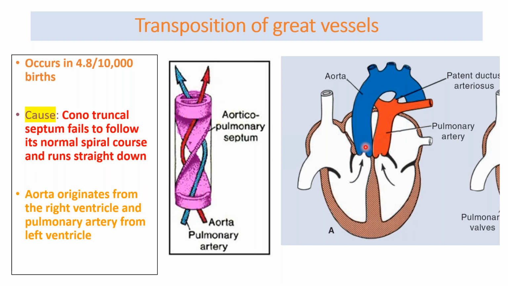The aorta will arise from the right ventricle, and the pulmonary artery will arise from the left ventricle. That means the septum is definitely there, because there is a separate channel for the aorta and a separate channel for the pulmonary artery, but the spiraling has not occurred. So there is interchange of the position of the great vessels, and that is called the transposition of the great vessels: the aorta arising from the right ventricle and the pulmonary artery arising from the left ventricle.